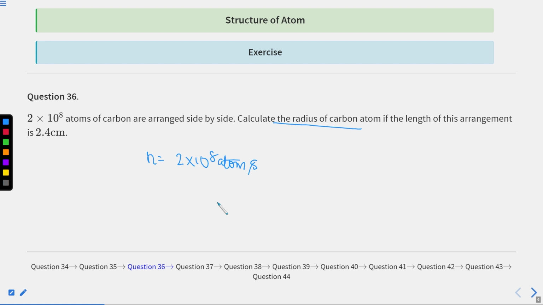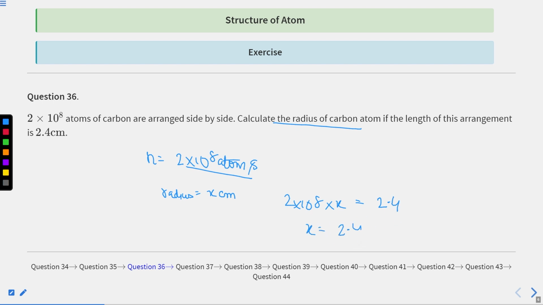Suppose we consider the radius of each carbon atom as x centimeter. So the length that would be covered by this number of atoms would be 2 into 10 to the power 8 into x, and this length is given as 2.4.